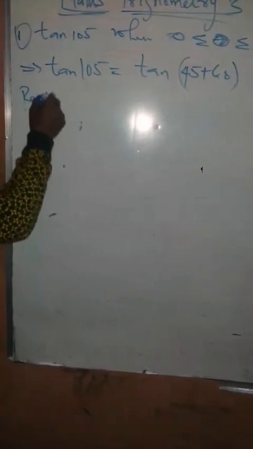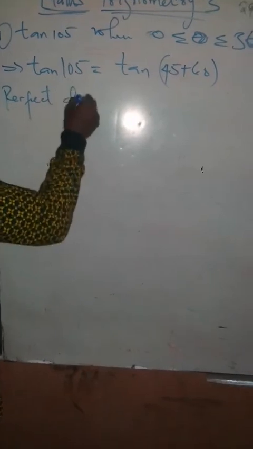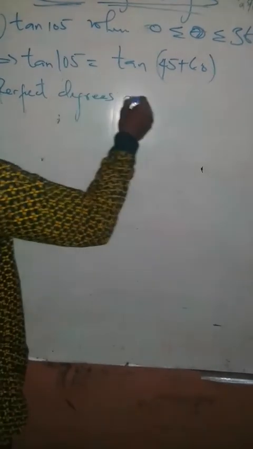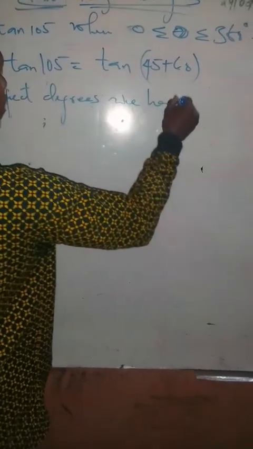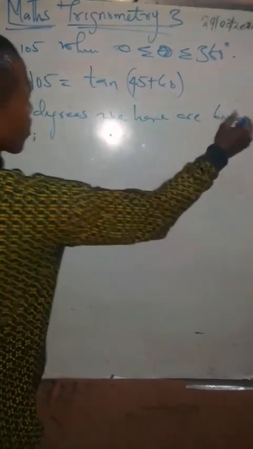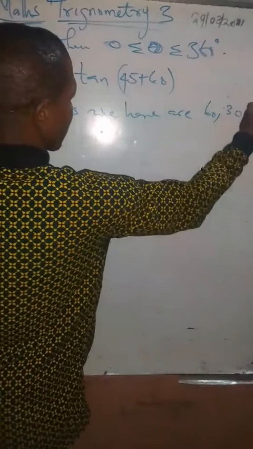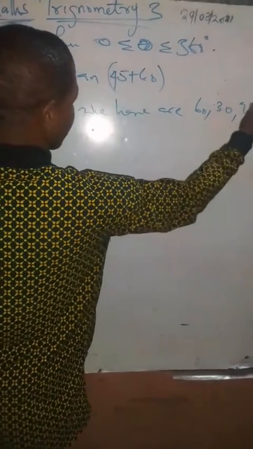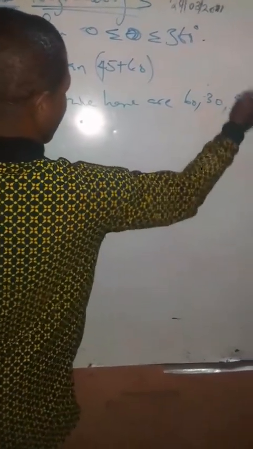Why do it for 45 and 60? You know, the perfect degrees we have are 60, 30, 90, and 45.